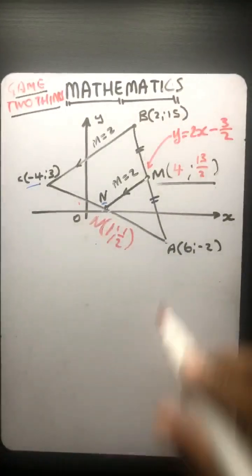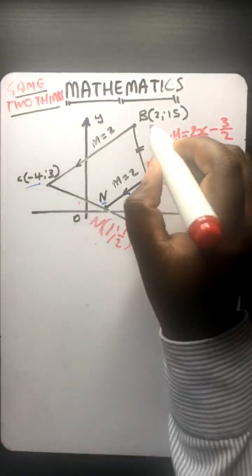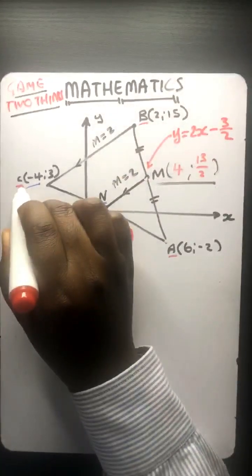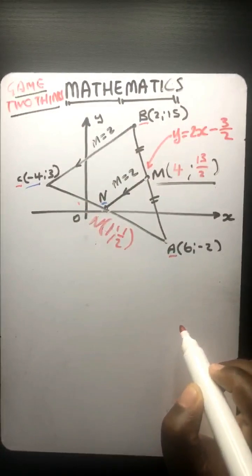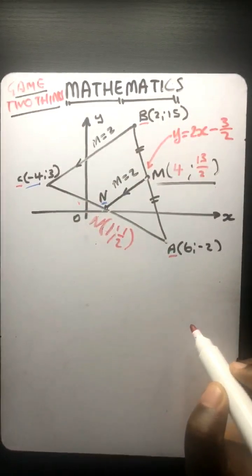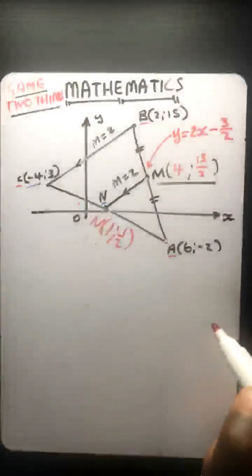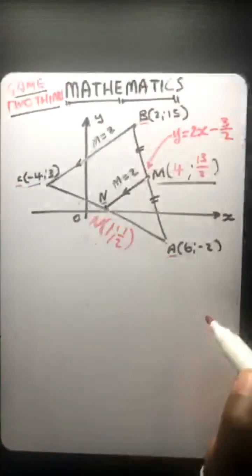So this is what they're saying. If A, B, C, D in that order is a parallelogram. If you don't know what a parallelogram is, then you are in trouble. They say A, B, C, D in that order. If it's a parallelogram, determine the coordinates of D.